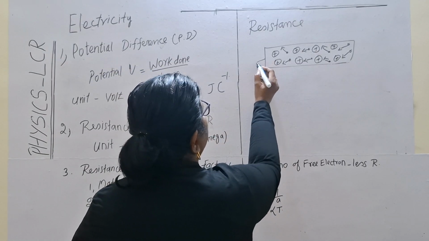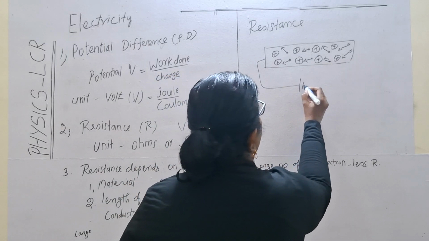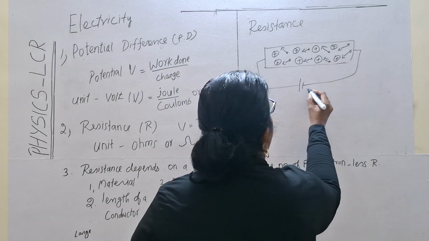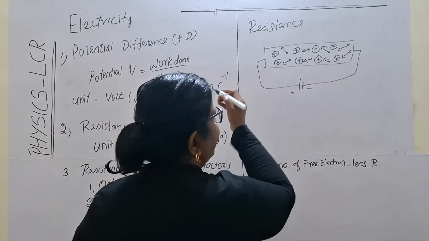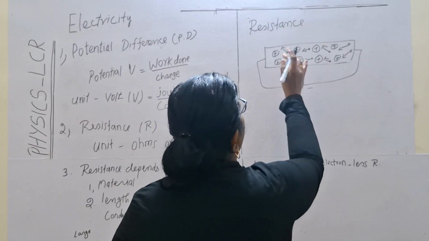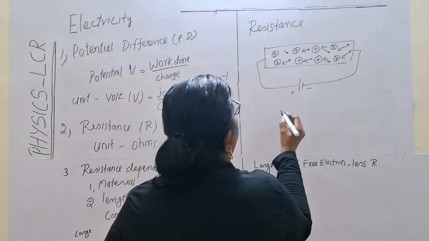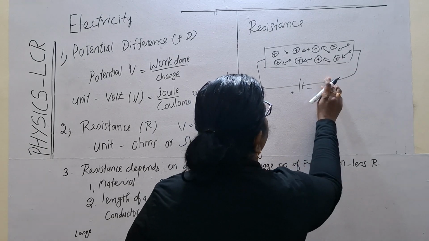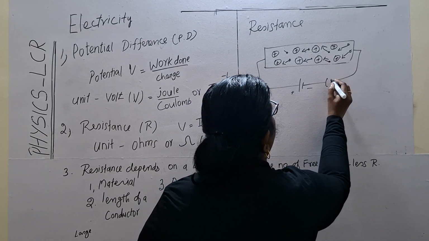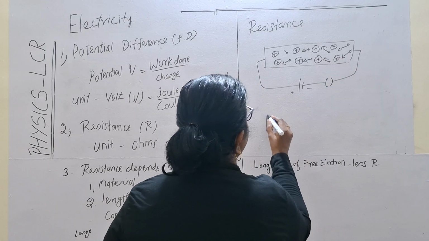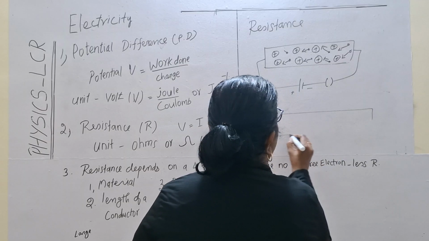So this metal is connected with the cell. This is the negative terminal and this is the positive terminal. When it is connected, immediately what will happen?